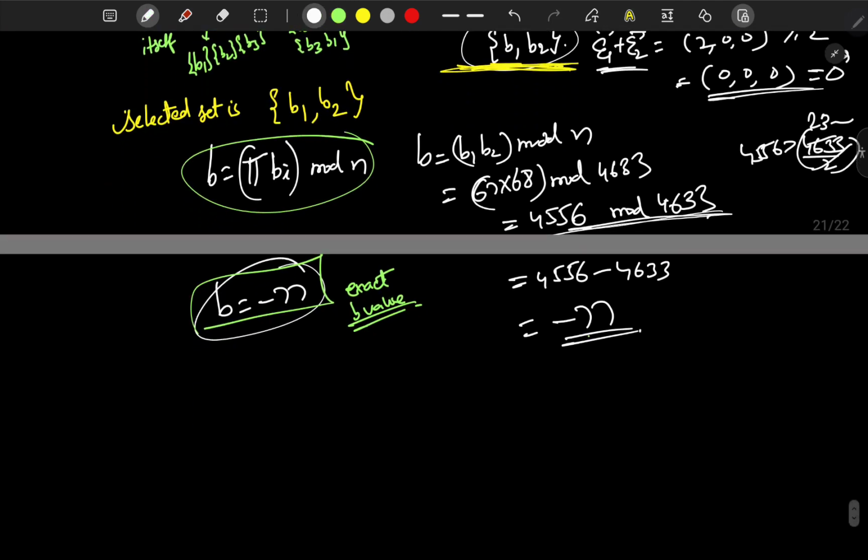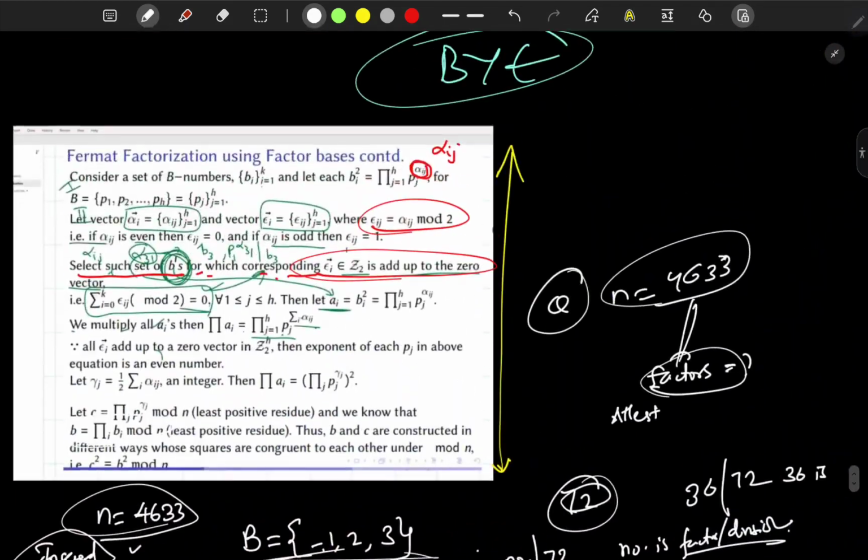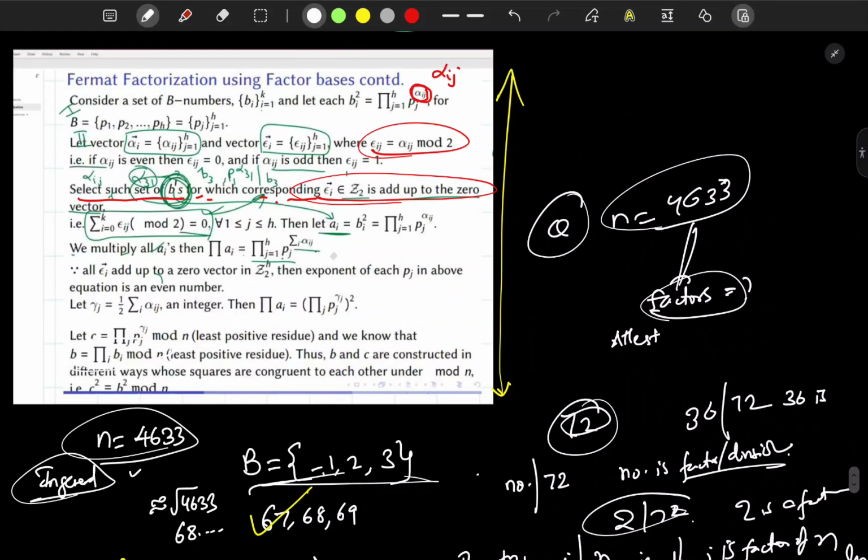After finding the B value, how do we find the C value? If you observe here, the C value is nothing but multiplying these values. I said C can be written with gamma as 1 by 2 of sigma alpha ij. If you substitute it, it is alpha ij by 2.